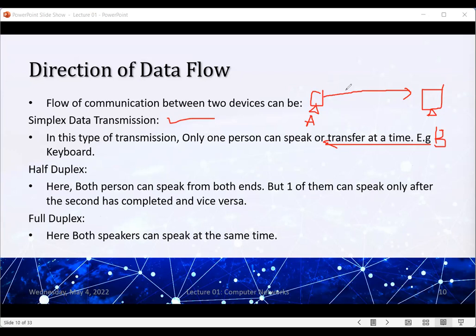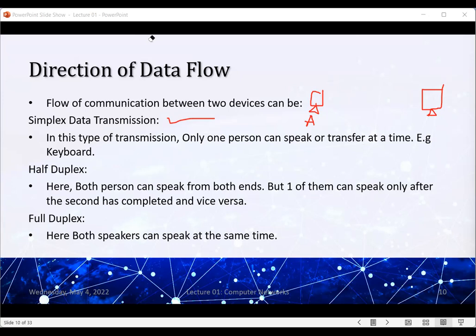Now let's see the full duplex. Full duplex. In the full duplex, both speakers can speak at the same time. At the same time, both end can speak and listen, right? It's like the communication using your telephone. Both person can speak, right?